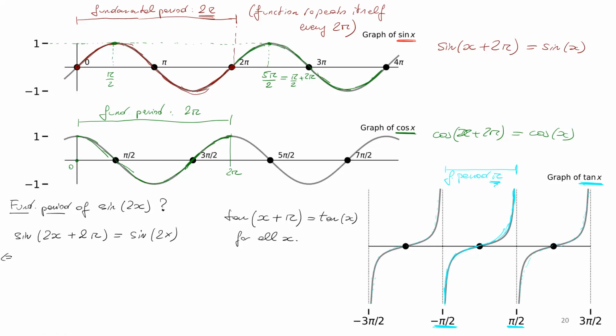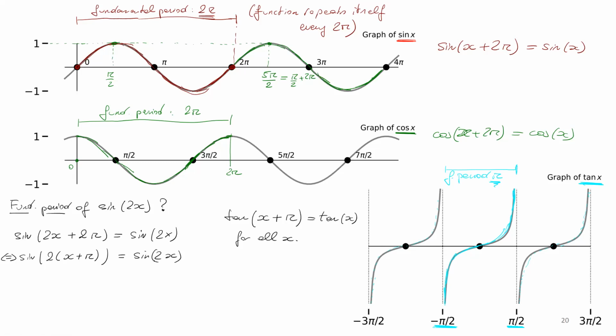And now we can write the term in the argument as sine 2 times x plus pi is equal to sine 2x. That's the same expression, just rewritten.